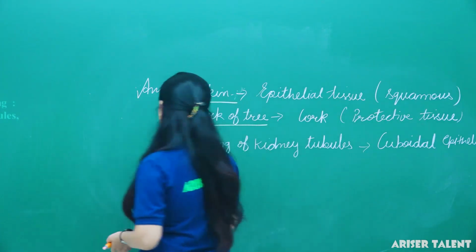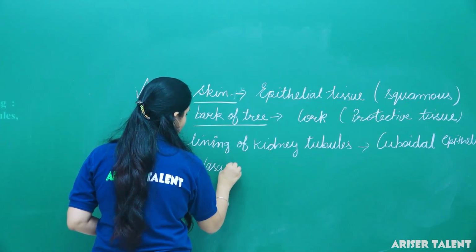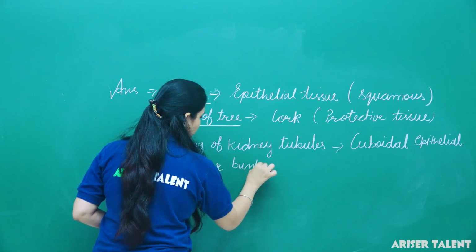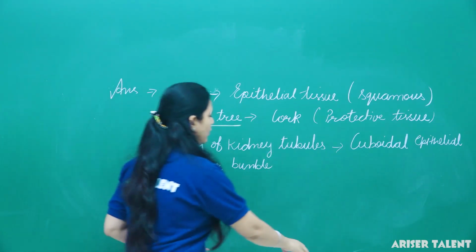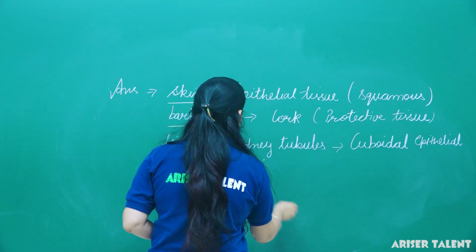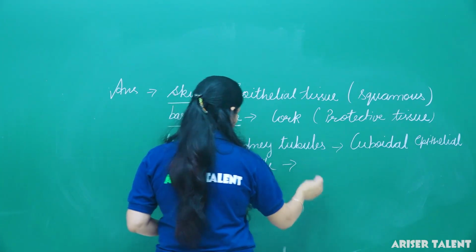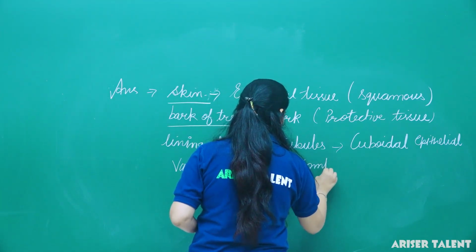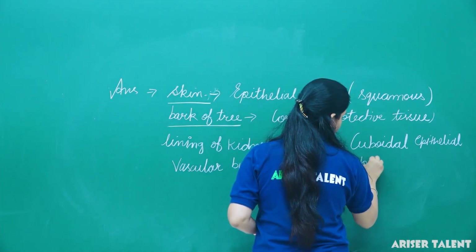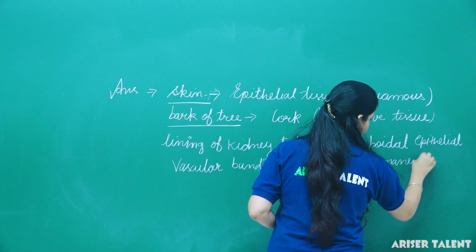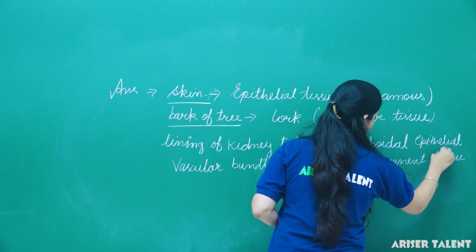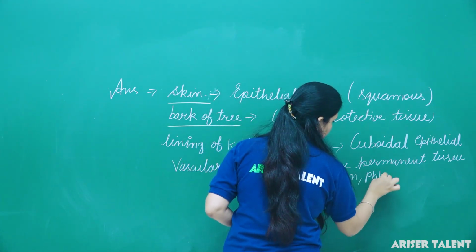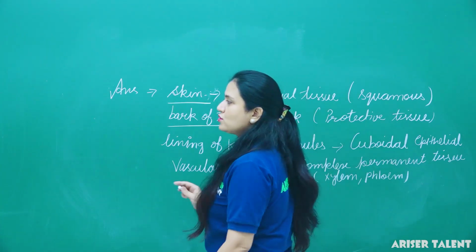Next is vascular bundle. As we all know, a vascular bundle is made up of xylem and phloem. So it is known as complex permanent tissue, and they are xylem and phloem. Okay, so here it is clear.